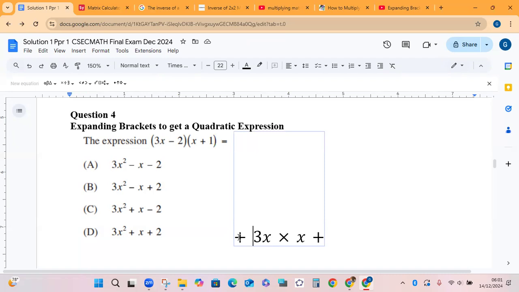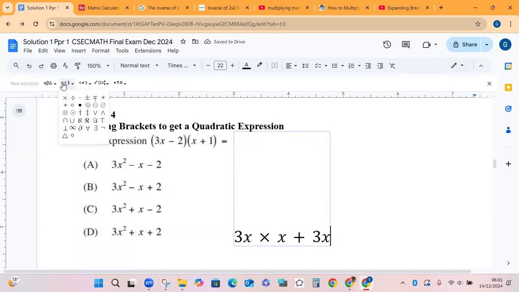But there's an invisible plus. If it's a minus, it will be there. Okay, so that's why I put a plus, because that's a plus 3x times a plus 1. The plus 3x has to multiply to the 1. You multiply.